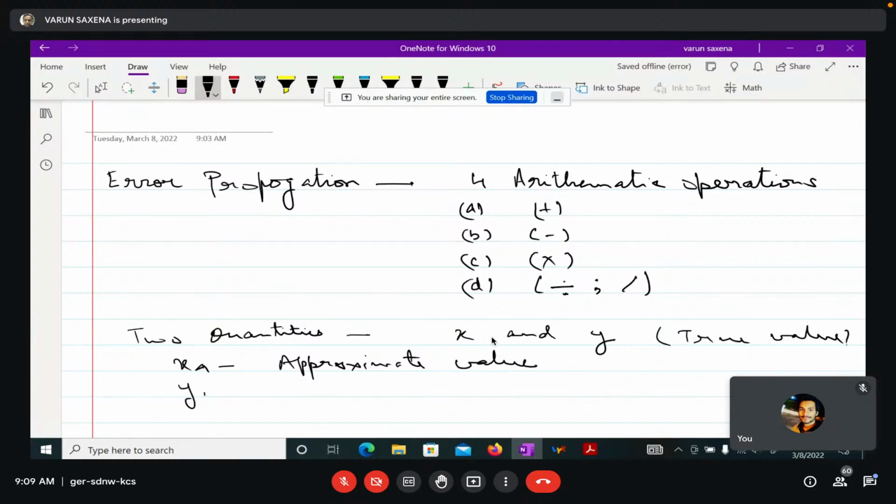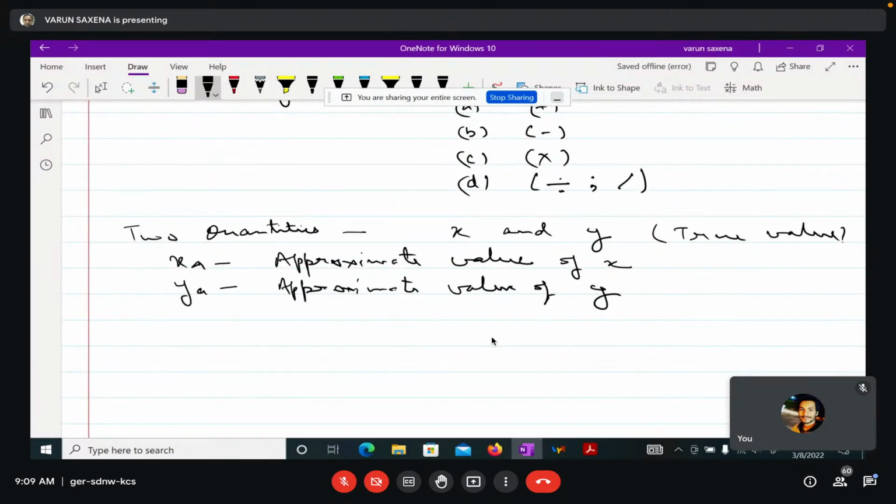And ya be the approximate value. x is approximately equal to xa, and y is approximately equal to ya. Okay, so x minus xa, let us call this as error e_x.